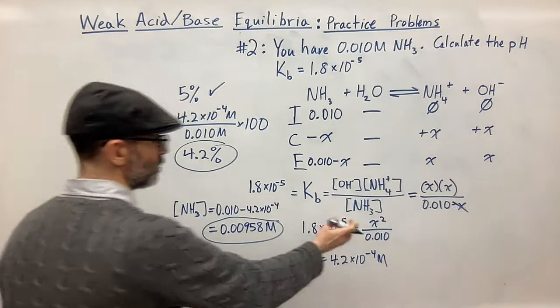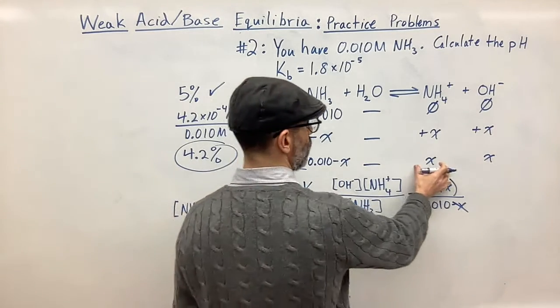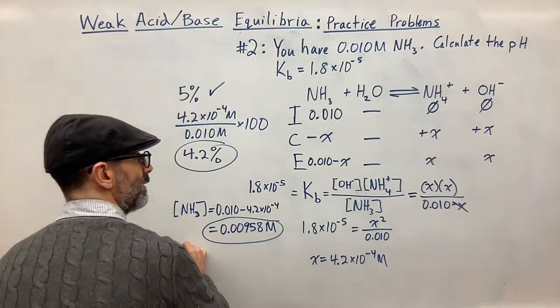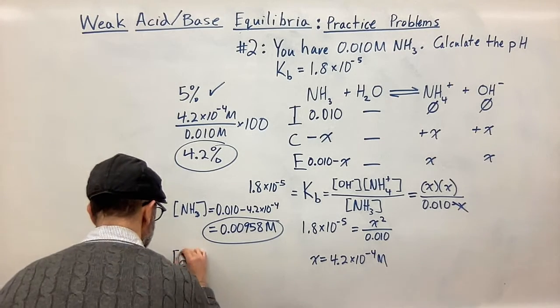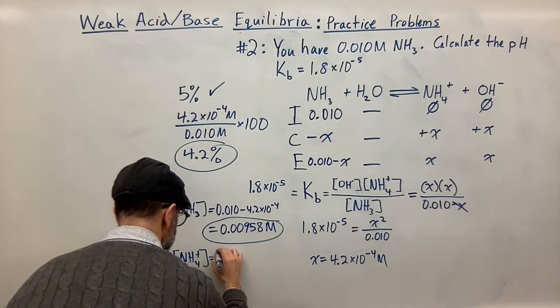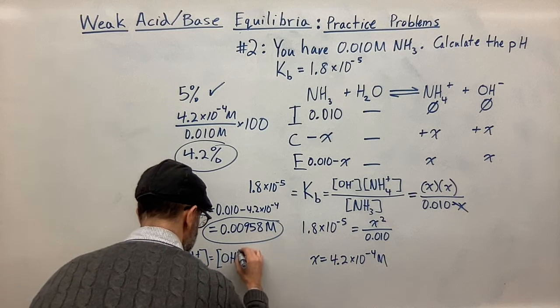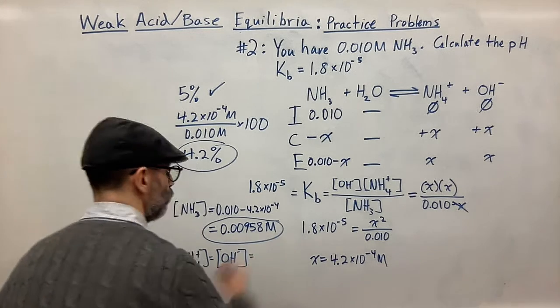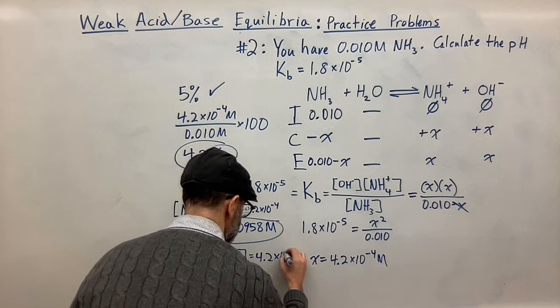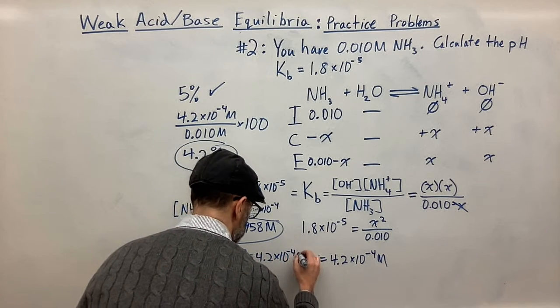And then, of course, the NH4 plus and the OH minus are equal to each other. So the concentration of NH4 plus is equal to the concentration of OH minus, which is equal to x, 4.2 times 10 to the negative 4 molar.